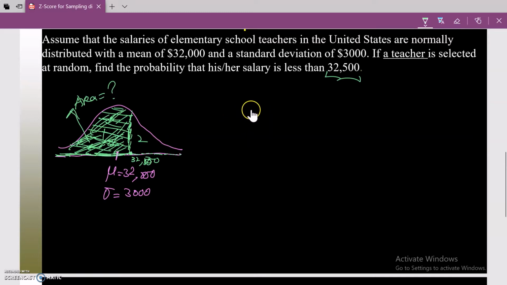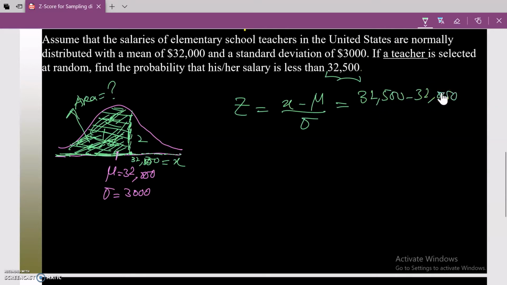This is our raw score, our x value. This is a single value, so we're going to use the formula z equals x minus mu over sigma. So this is equal to 32,500 minus 32,000 divided by 3,000.